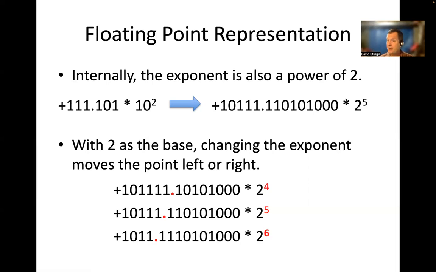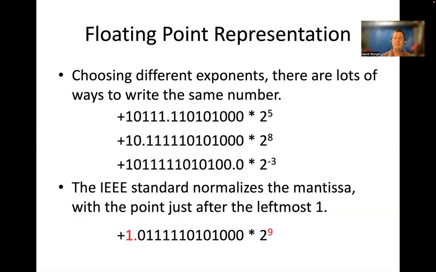If we're going to represent floating point numbers, that's probably a bad thing. We'd like them all to be represented the same way. And here I'm showing the same idea. Moving that point can be compensated for by changing the exponent. So this is going to work a lot better if we just pick a standard representation.